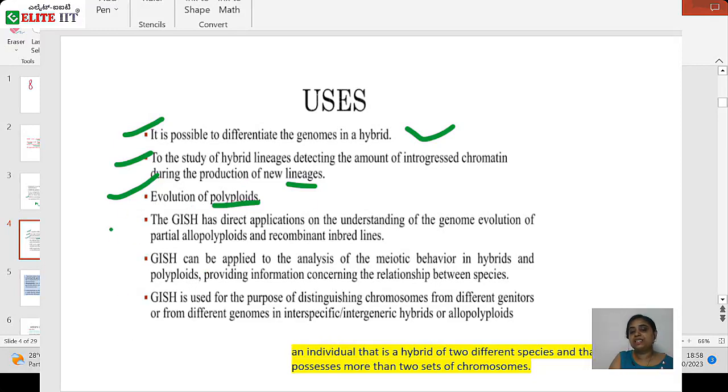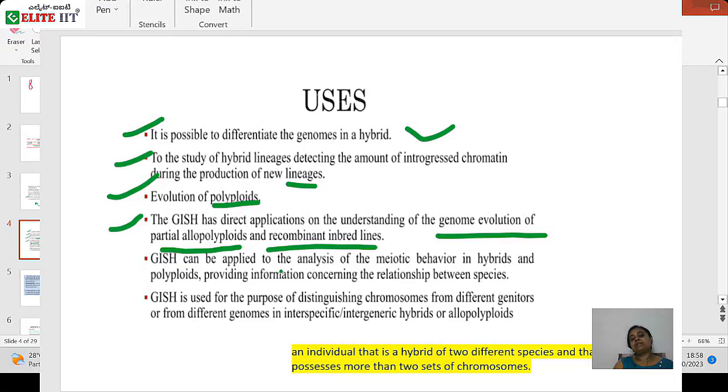Now, GISH has direct applications in the understanding of genome evolution. So mainly we are observing genome structure. You can find out the evolution of allopolyploids and recombinant inbred lines. So if there is any recombination or hybridization happening, you can identify that.